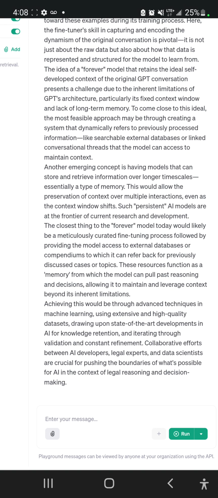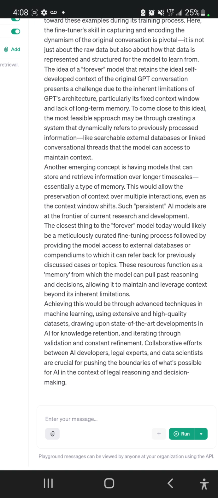As we're saying, the idea of a forever model that retains the ideal self-developed context of the original GPT conversation presents a challenge due to the inherent limitations of GPT's architecture, particularly its fixed context window and lack of long-term memory. To come close to this ideal, the most feasible approach may be through creating a system that dynamically refers to previously processed information, like searchable external databases or linked conversational threads that the model can access to maintain context.